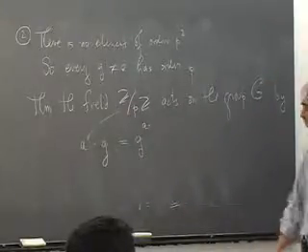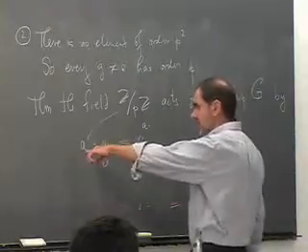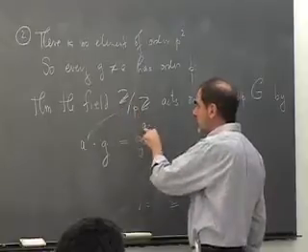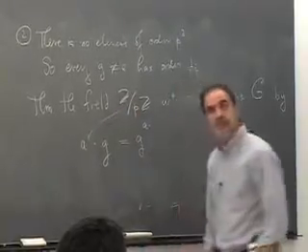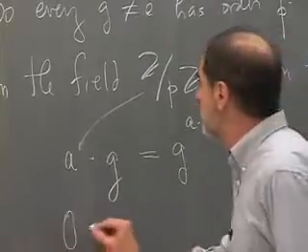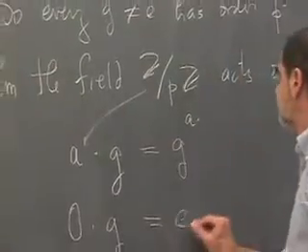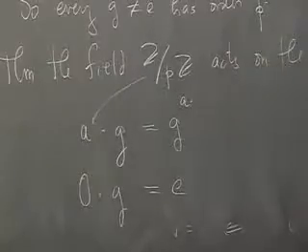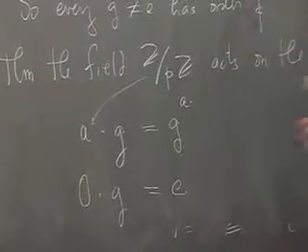That makes sense because if I multiply by p, which is 0 in this field, g to the p is the identity element. So you have to understand that 0 times g is e, the identity element in the group.